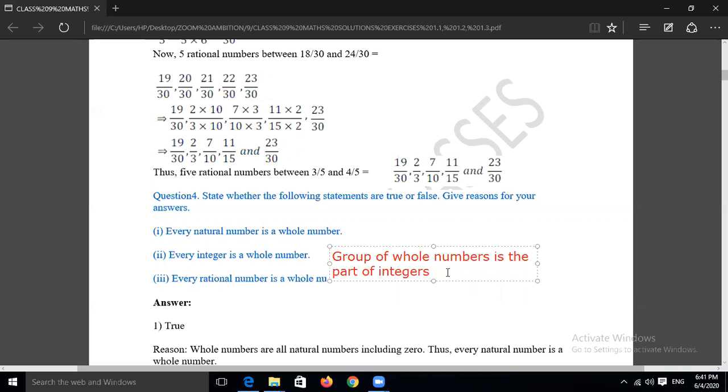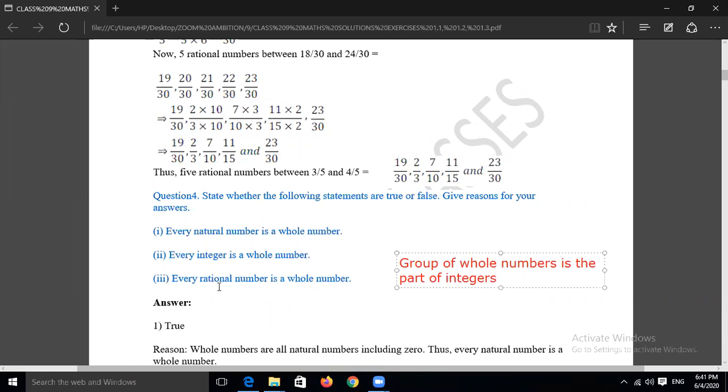And a different way we can write it. Here integers can be positive, negative, or 0, but whole numbers are 0 and positive integers. So every integer cannot be a whole number. Every rational number is a whole number? As we have discussed, the group of whole numbers is a part of rational numbers.